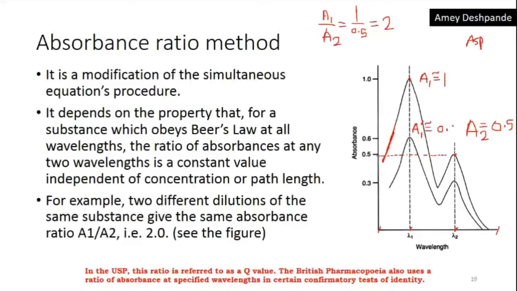Let us call it A1 dash. It was approximately equal to 0.6. And when I measured the absorbance of that same diluted solution at the second lambda max, it was approximately equal to 0.3.